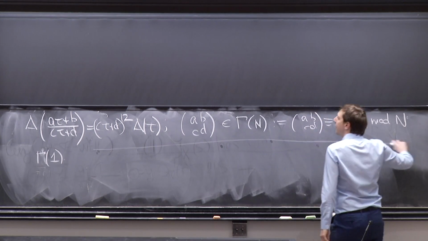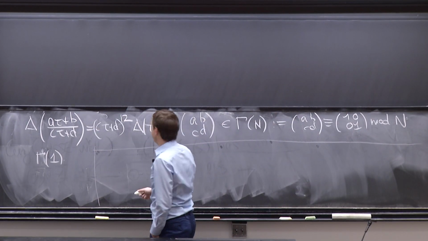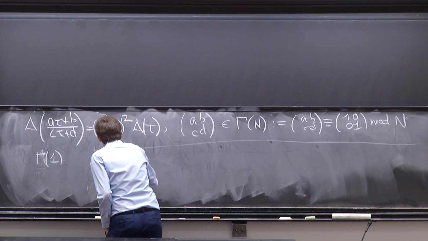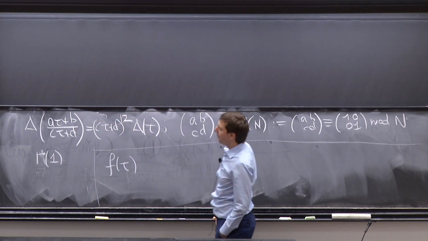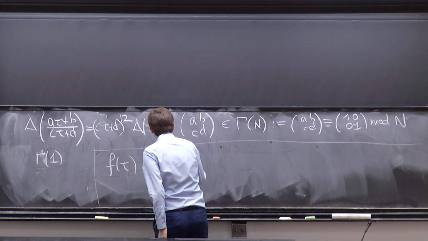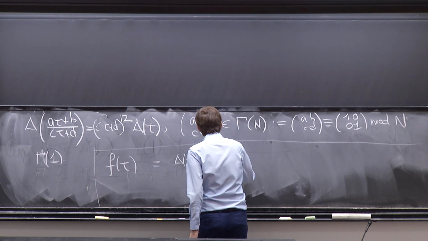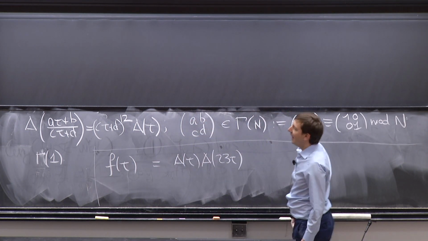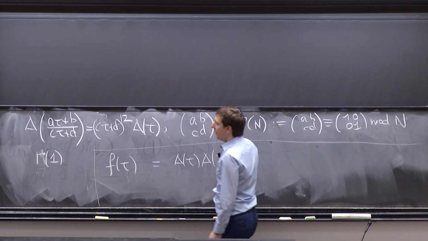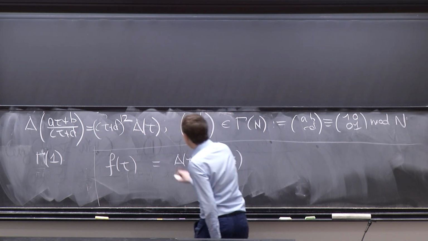I want to write down one more modular form, which is f of tau. And it's going to be constructed in some very simple way from delta. I take delta, then I take delta of 23 tau, and now the power of q up the front has become 24, so everything is a 24th power.